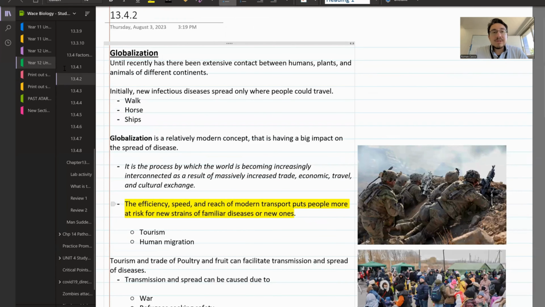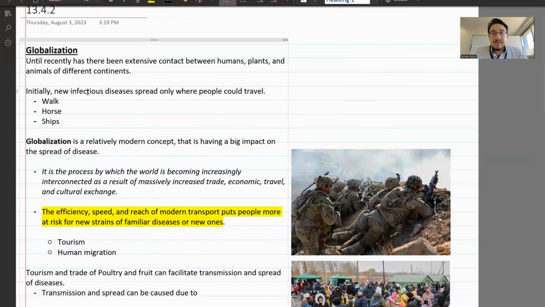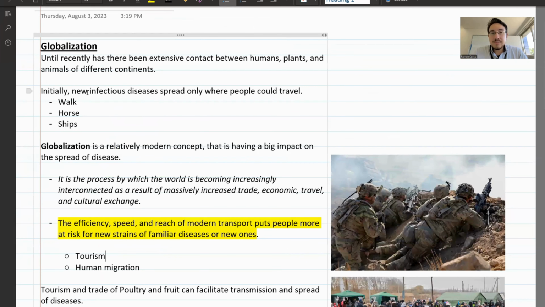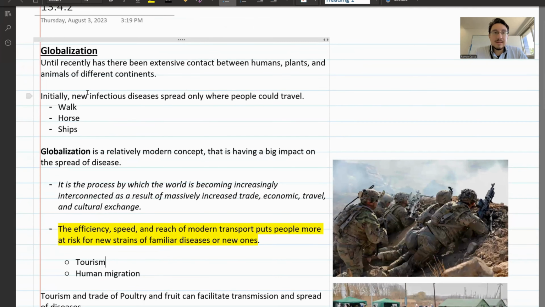I want to talk about some other factors that influence the degree to which these three factors interplay: pathogen population, host population, and mode of transmission. These are other factors that, while they're not part of the three, do provide some input to the degree of spread.